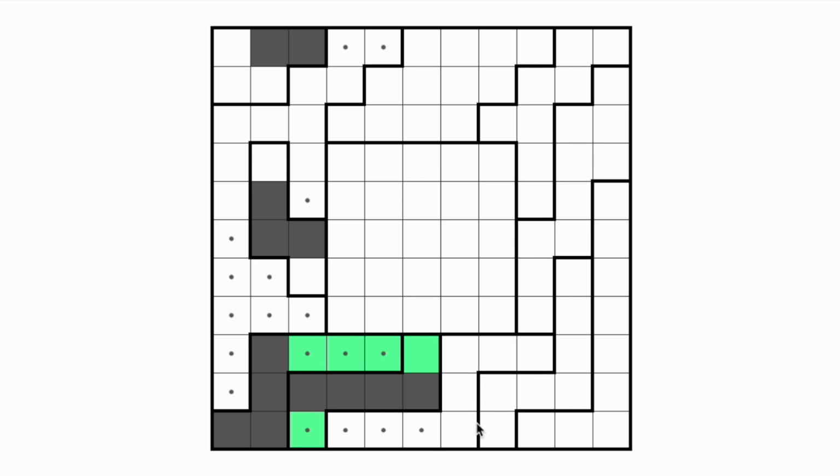So we're left with 5 cells, of which 4 must be shaded. The middle 3 must be included in that set, which unshades this one because of the 2 by 2. This gets unshaded because it's not connected to 4 cells. And now we have 5 left, of which 4 must be shaded, so these 3 must be among them.